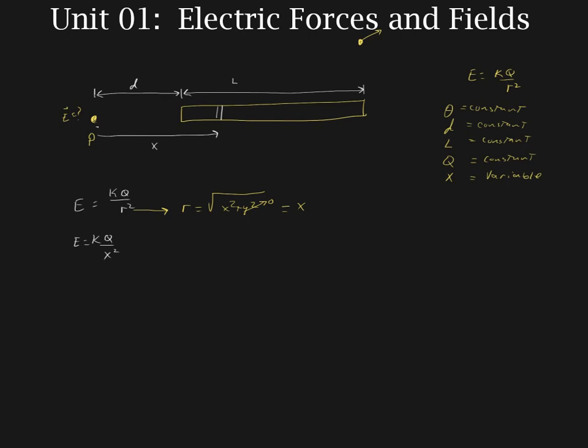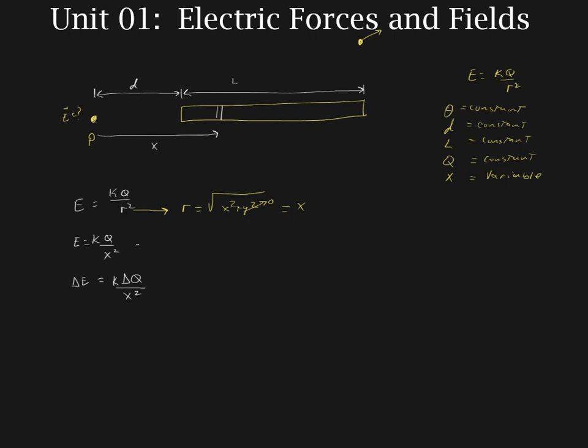Now what we need to do is break this bar up into many small chunks. That way we can apply Coulomb's law to each of the chunks. And so what we get is a small electric field delta E at location P is equal to K times delta Q over x squared.